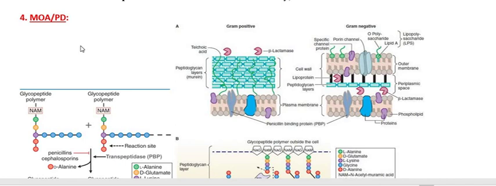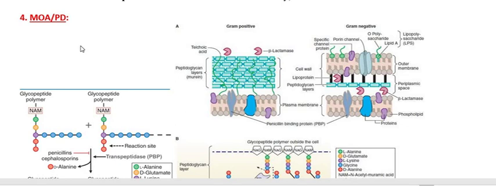Beta lactam penicillin, as well as cephalosporin, inhibits the cell wall synthesis of susceptible bacteria. So the first interesting point is that penicillins and cephalosporins inhibit the cell wall synthesis of the bacteria.